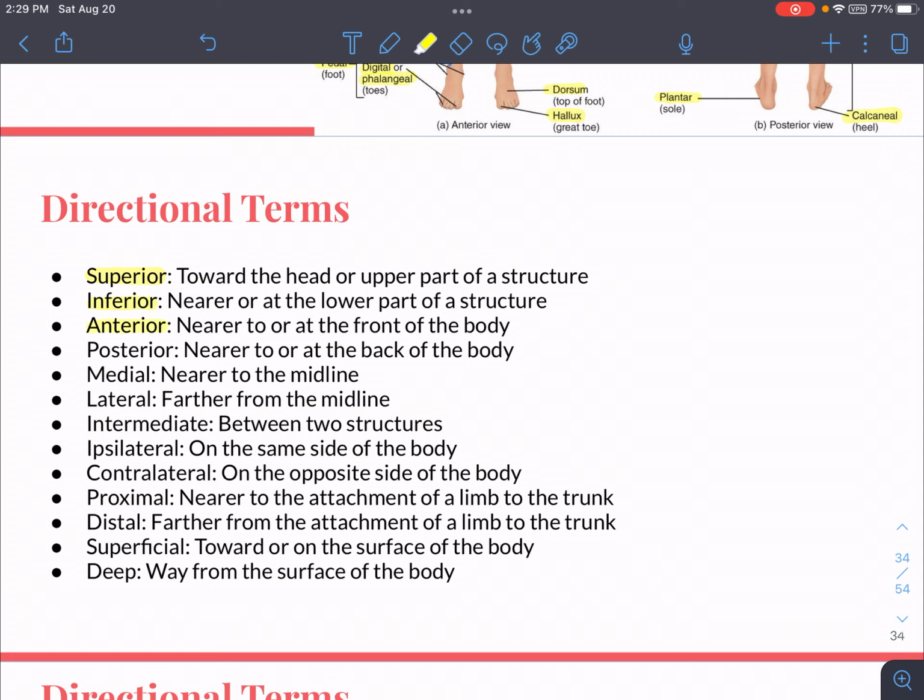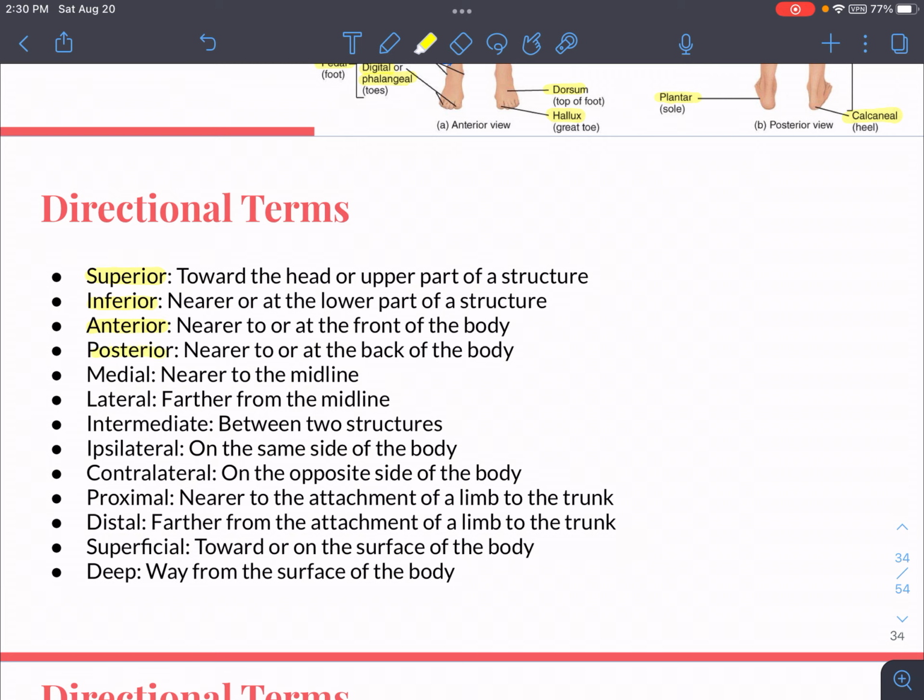Anterior, towards the front of the body. So we could look, my nose is anterior to my occipital region of the head. Posterior.